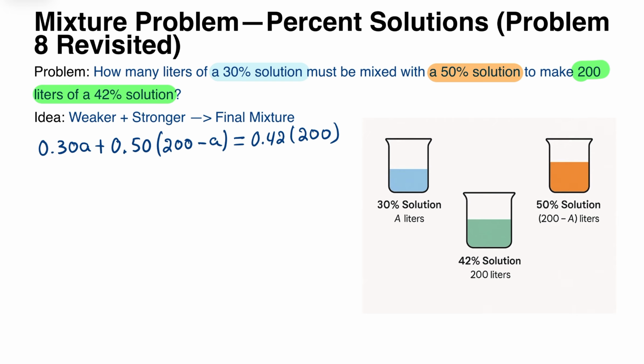That's the same as multiplying by 100. So 0.30A becomes 30A. That's 30A plus, and you can see we have 0.50 times 200. We're multiplying, so 0.50 times 100 is simply 50. So we're multiplying 50 times 200, which equals 10,000.